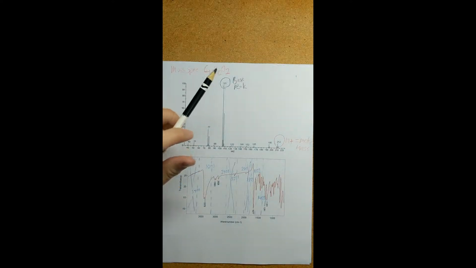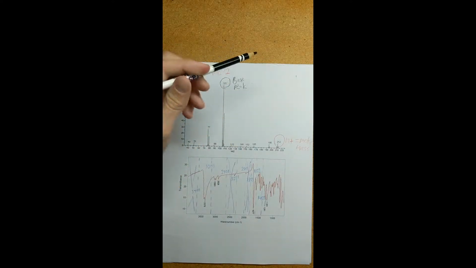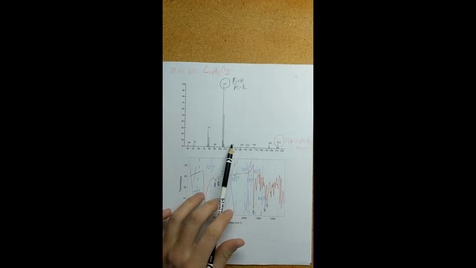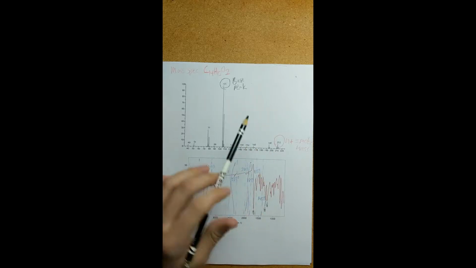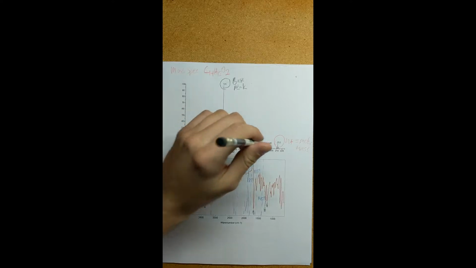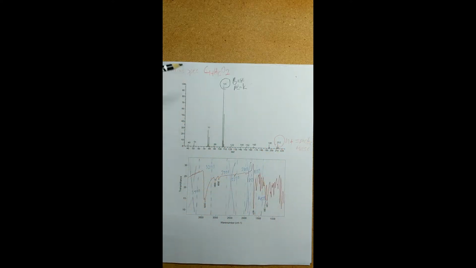Now, if we take a look at the difference between our M+ and base peak, as well as our several labeled peaks in between, and subtract the base peak from each of these numbers, we typically can find some sort of hint for a structure that will be within our total structure.